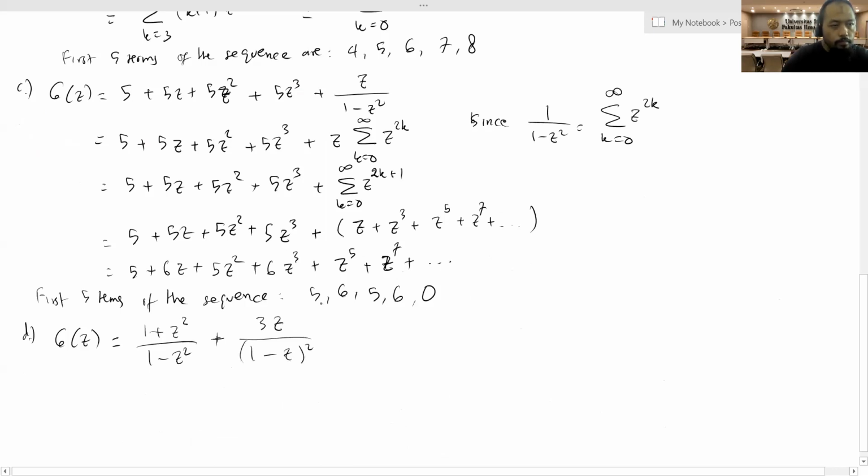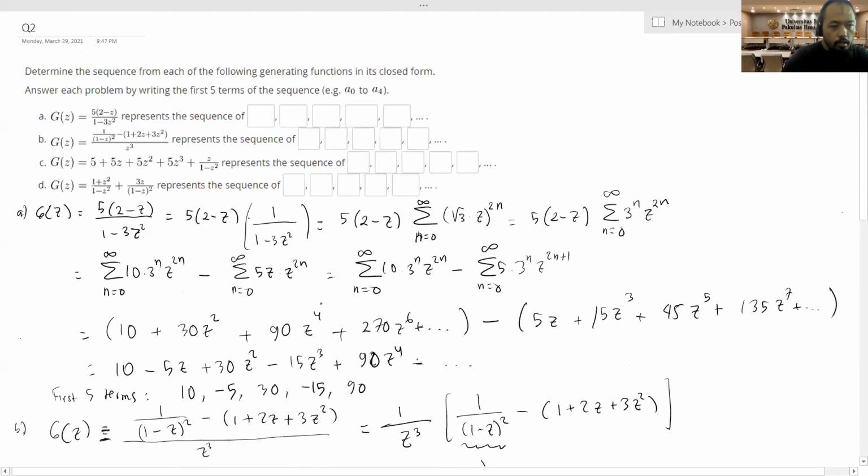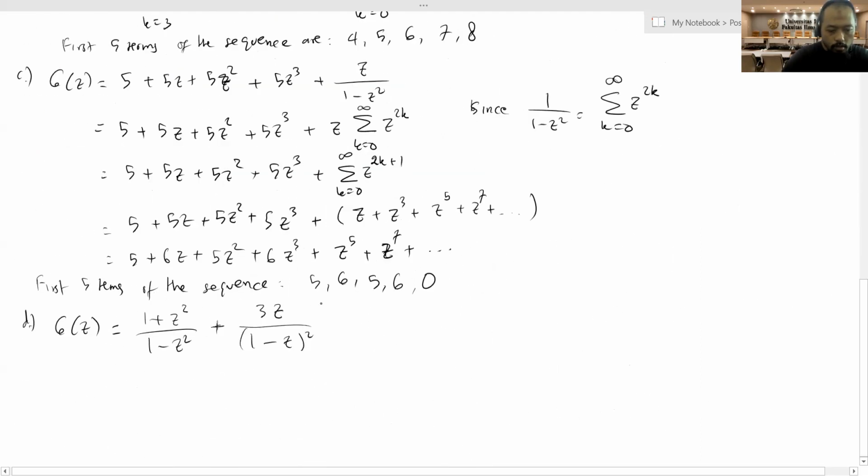Let's check. Yes. So what is the corresponding sequence?